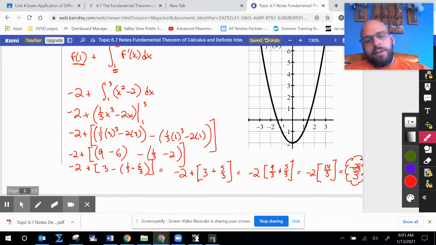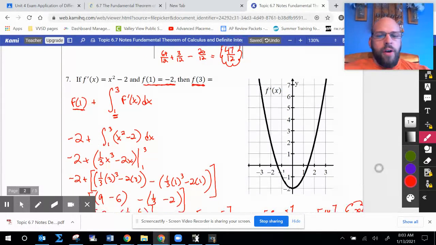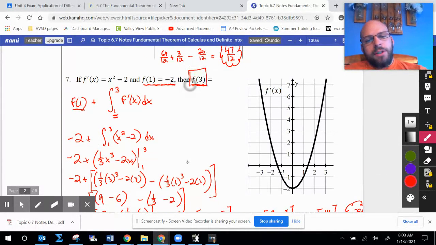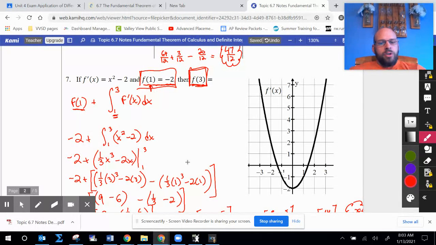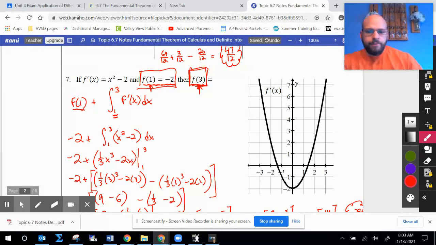So that would be my answer. Okay? So if I want to evaluate for a specific value, start with the value they give you, and then integrate from this x to the x that you want, and that will tell you the location of the point that you would like to have.